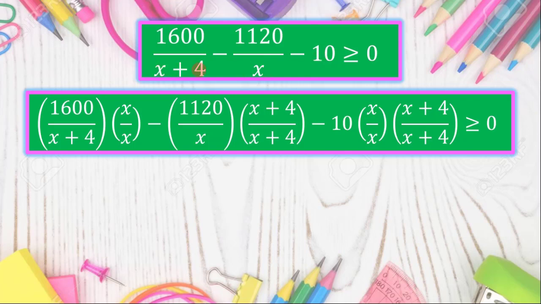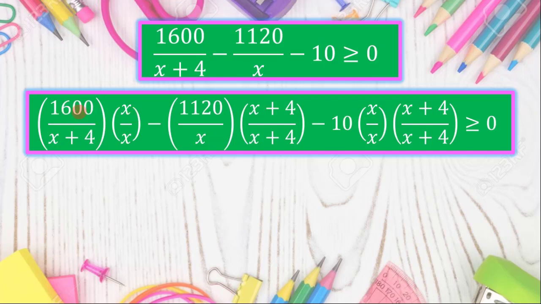So among x plus 4, x and 1, we have to have a single inequality or a single fraction that has all these denominators, x plus 4 times x times 1, or simply quantity x plus 4 times x. So in the first term of the left-hand side, we need x.